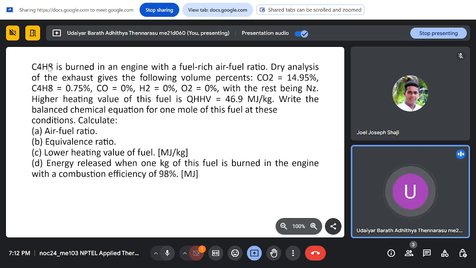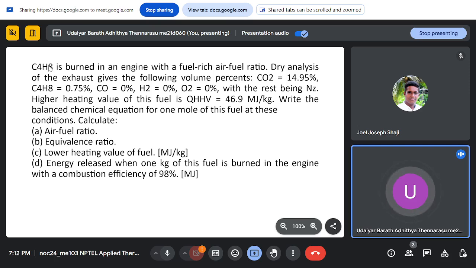Your dry analysis of the exhaust gives the following volume percents. CO2 is present as 14.95%, and the fuel is present in 0.75%. The carbon monoxide is 0%, hydrogen is 0%, oxygen is 0%, with the rest being nitrogen.